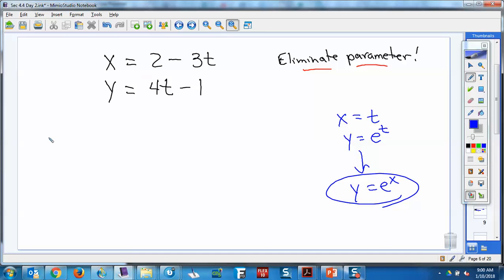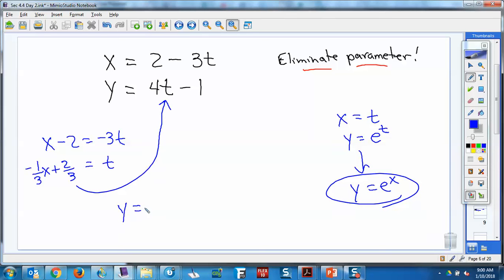But what we can do is solve this top one for t. We get t equals -1/3 x plus 2/3, if I just divide by -3. Then I can substitute that back in.